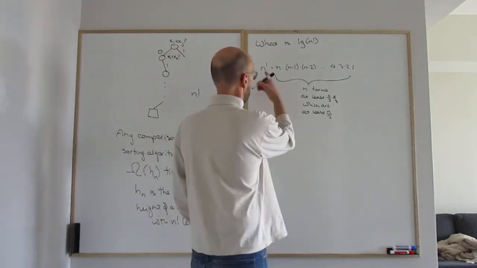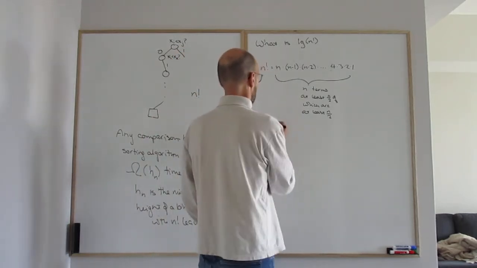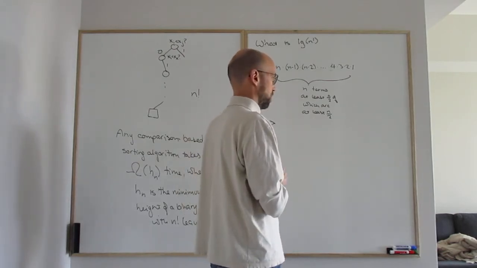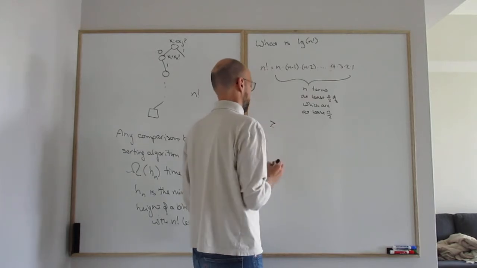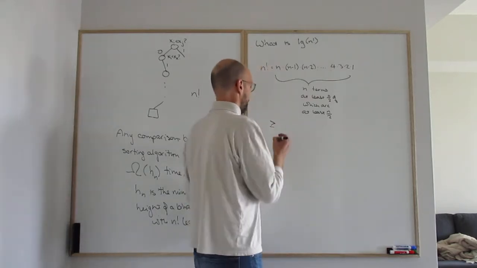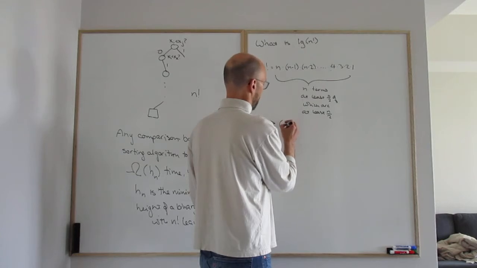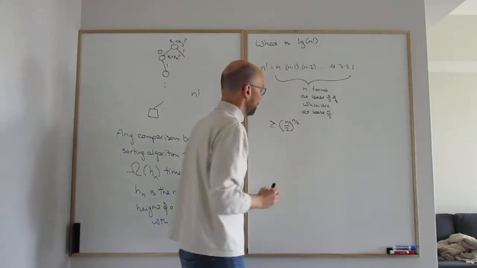So this means that this is greater than or equal to. I'll say greater than or equal just for safety. I think it's greater than, but this is at least n over 2 to the n over 2.